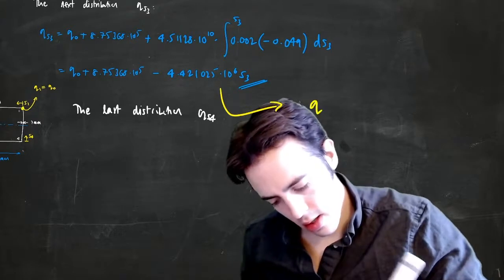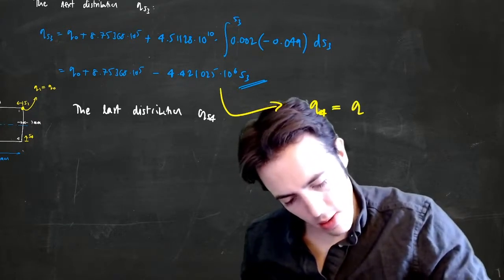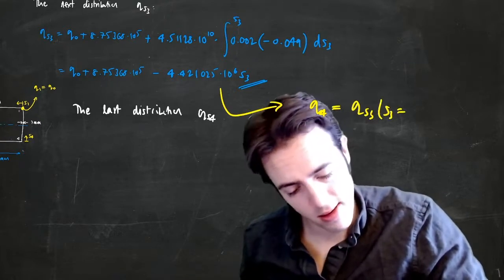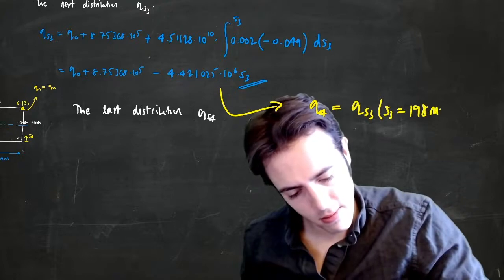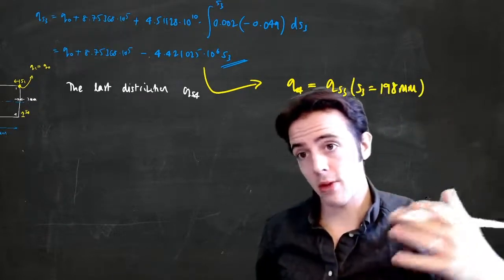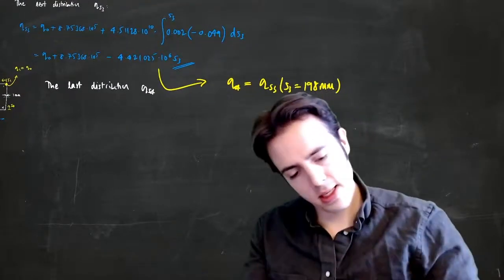So Q4 is equal to QS3 when S3 is equal to 198, or in SI, it's going to be equal to 0.198 meters. So let's see what that is.